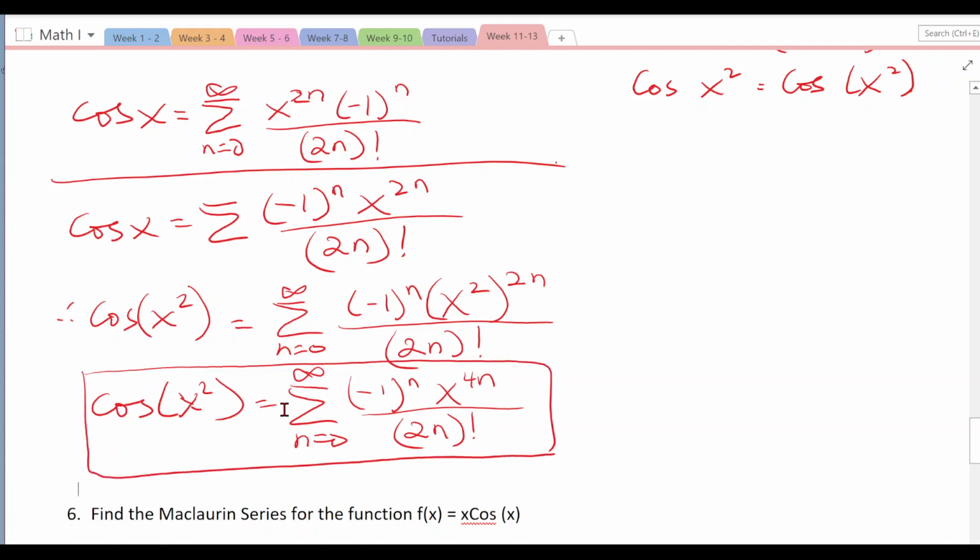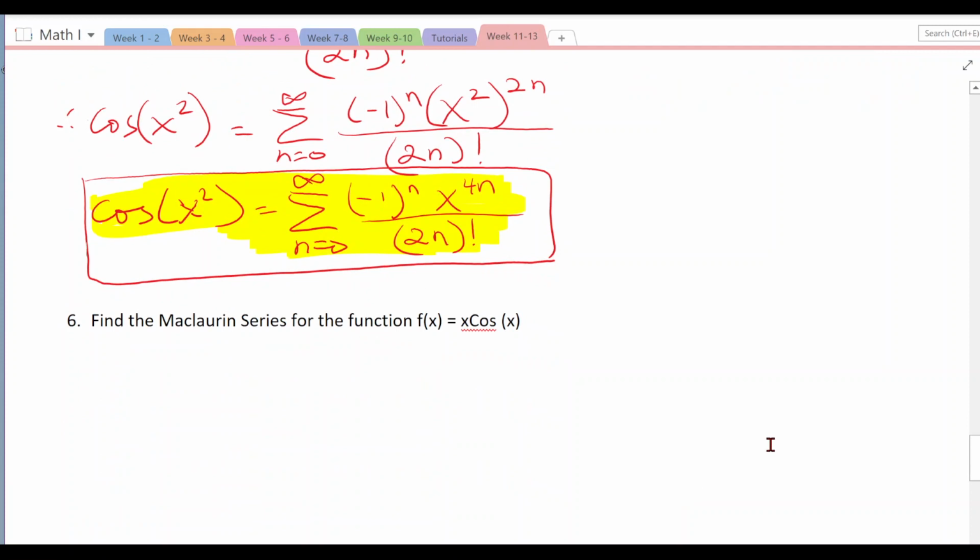We can expand the terms here to become the Maclaurin series of cos x squared. So that is the power series expression of cos x squared, which can be expressed in expanded form as the Maclaurin series.